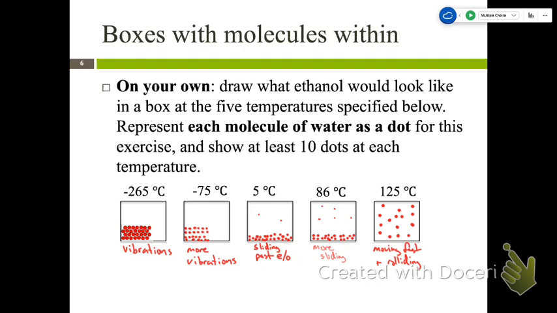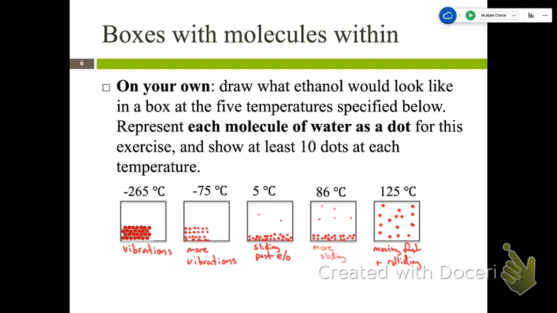And if one happens to be moving at one point in time faster than all the others through the middle, and it gets to the surface, the question is going to be asked as it moves past its neighbor, am I going fast enough to overcome that intermolecular force? And if I'm not, I'm going to stay in the liquid, which is most of them. But every once in a while, one of the molecules is going to be moving really fast as some of the others are moving really slow, even just for a brief amount of time, and then it's going to go past and it's going to float out into a gas.